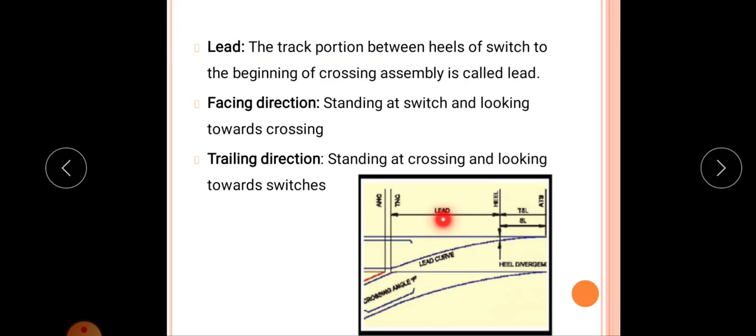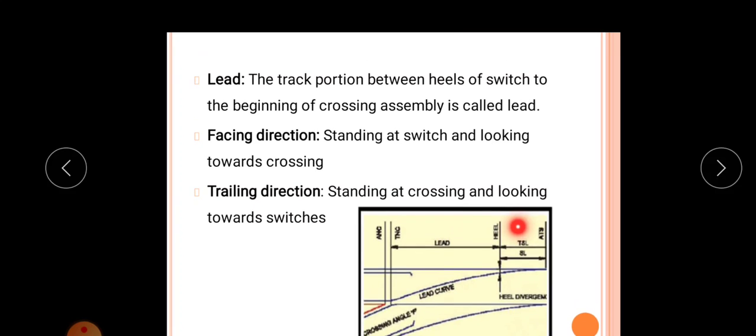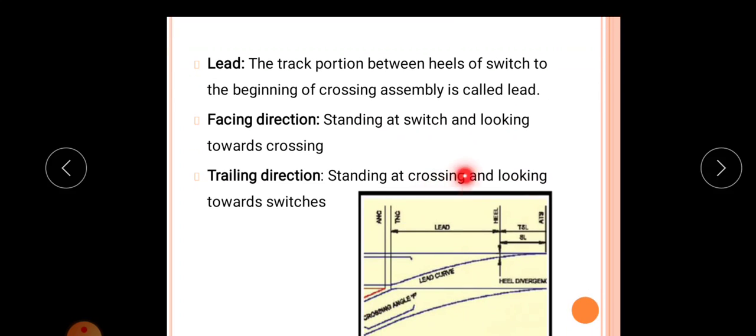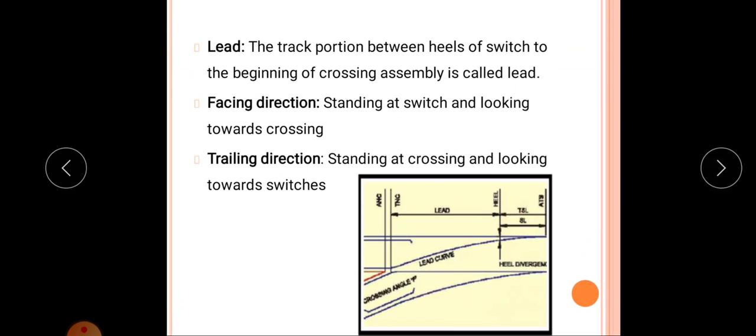Lead means the track portion between the heel of the switch and the beginning of the crossing. So the assembly of points, crossing and lead is known as a turnout. This portion is points or switches, this is the lead and this is the crossing, and altogether it is a turnout. I think it's clear what points, crossing, lead and turnout are.